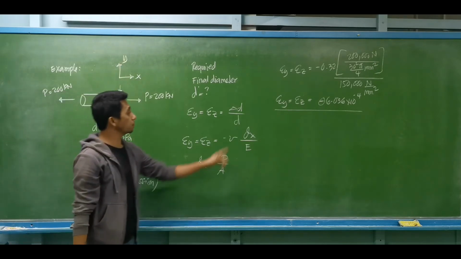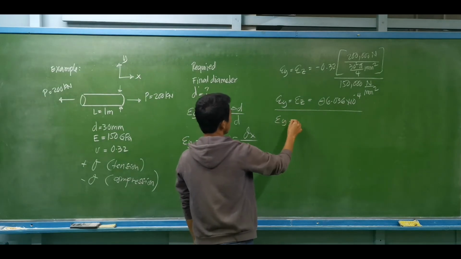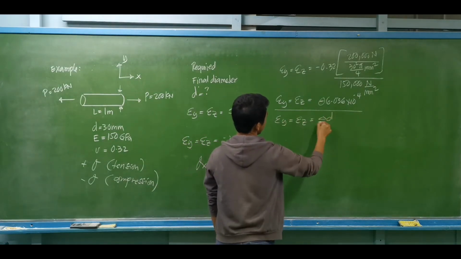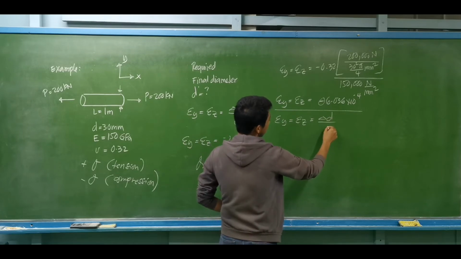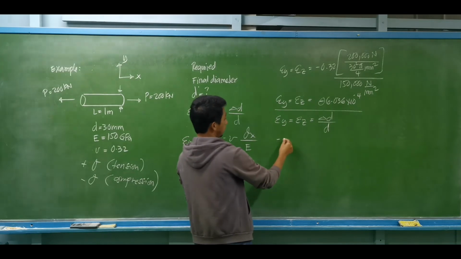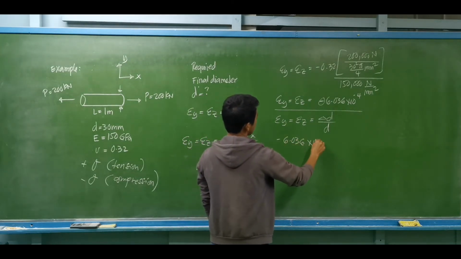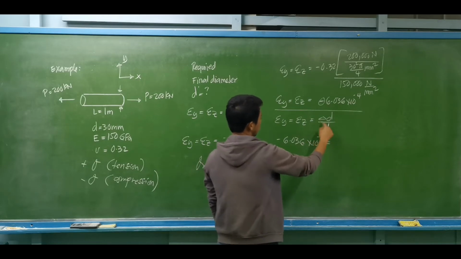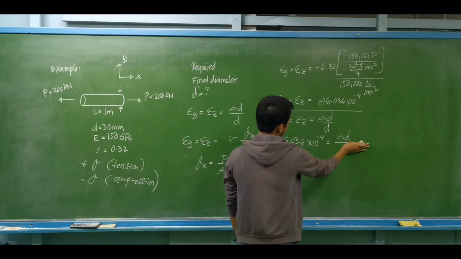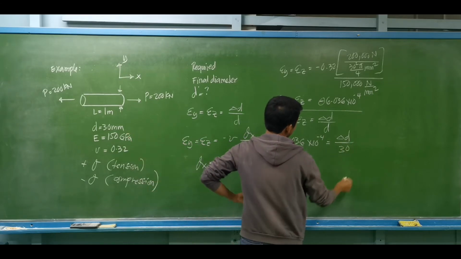Let's say that is along the x-axis. So how do we compute for the change in diameter? We have the strain along Y is equal to the strain along Z is the ratio of the change in diameter divided by the initial diameter. So it's the value of that strain. We have negative 6.036 times 10 raised to negative 4 is equal to the change in diameter divided by the diameter. The diameter is equal to 30 mm.